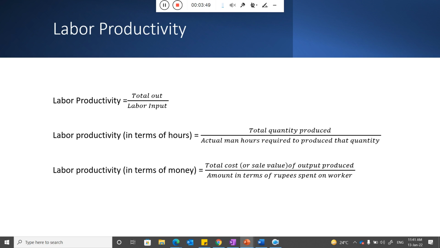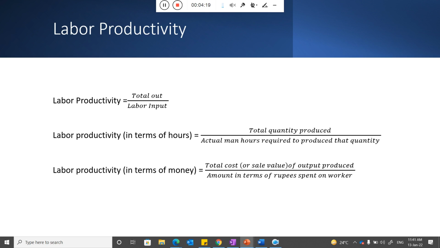Labor productivity you can measure in two ways. Still, there is no unit related to productivity, keep that in mind. That's why the calculation varies from company to company, and the definition also varies. Labor productivity in terms of hours is the ratio of the total quantity you produce to how many actual man hours are required to produce that quantity, right?